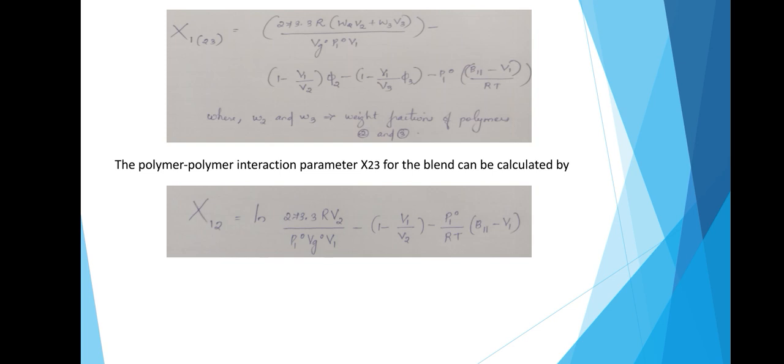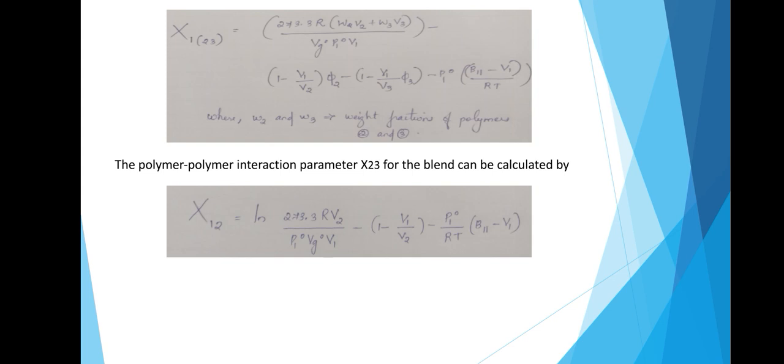That is, X123 is equal to 273.2 R (W2 V2 plus W3 V3) divided by Vg^0 P1^0 V1, minus (1 minus V1/V2) phi 2, minus (1 minus V1/V3) phi 3, minus P1^0 (B11 minus V1) divided by RT. Here W2 and W3 represent the weight fractions of polymers 2 and 3.